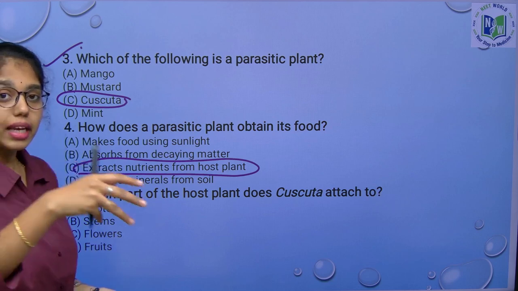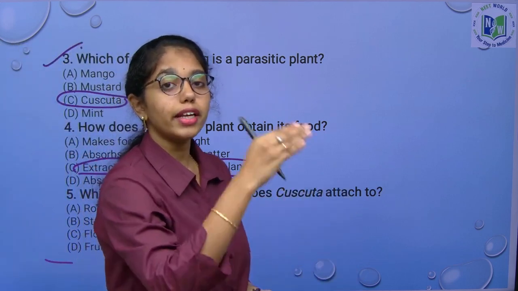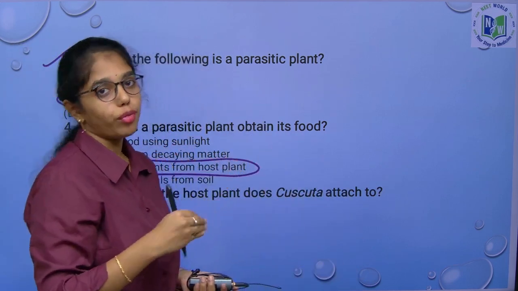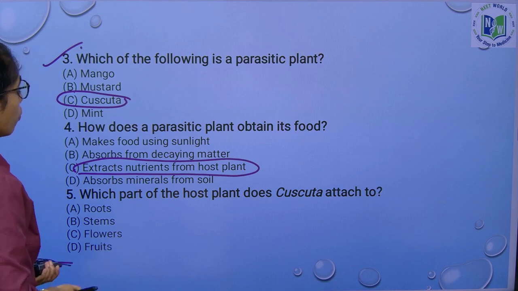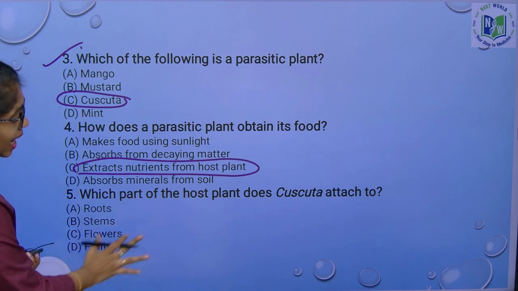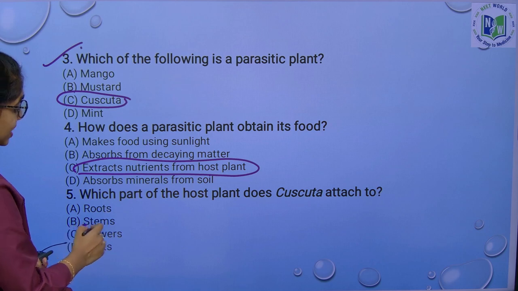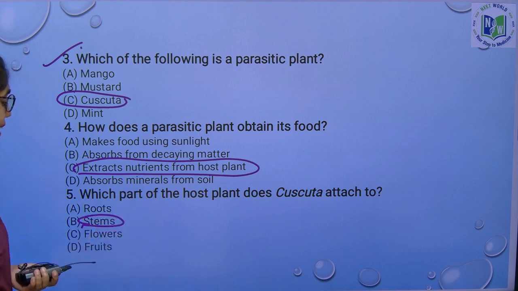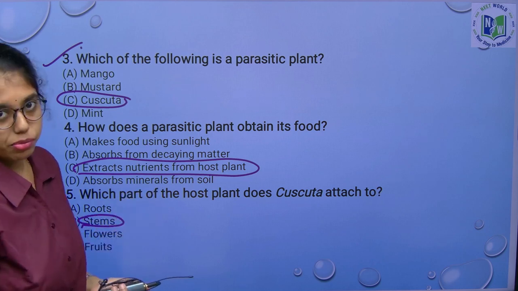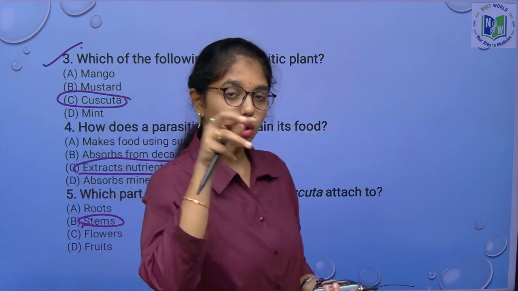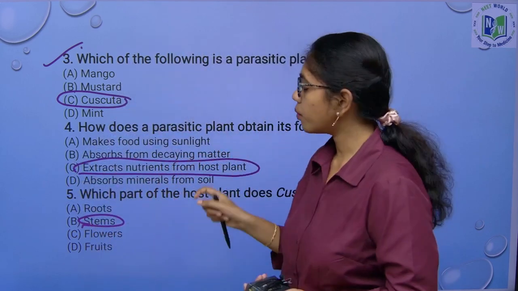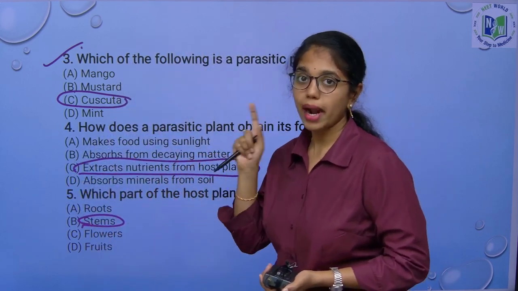By sending out thread-like structures both into the xylem and phloem of the host plant. Which part of the host does Cuscuta attach to? To the stems especially, because the thread-like structures go into the stems and get attached to the xylem and phloem.